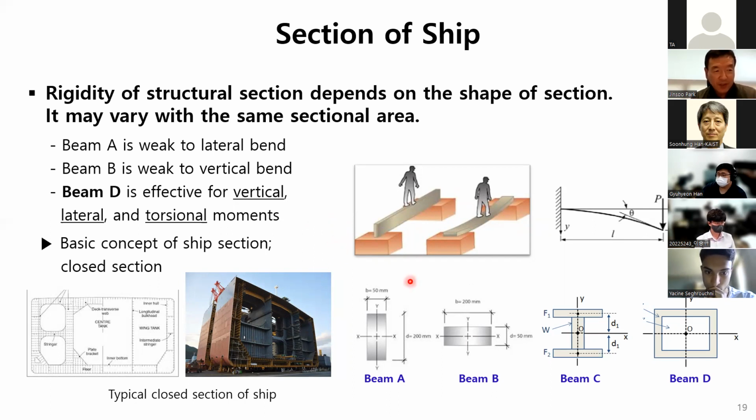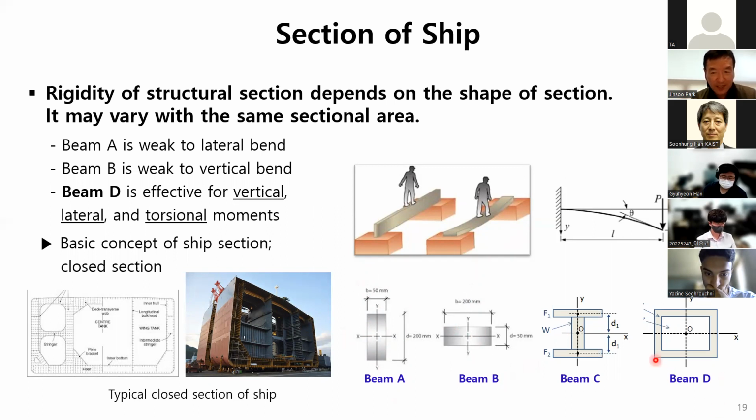Here are very simple examples. Beam sections A, B, C, D. The areas are all the same. The shape of beam A is comparatively stronger against vertical bending, but it's weak to lateral bending, and maybe weak to torsion. Beam B is weak to vertical bending.